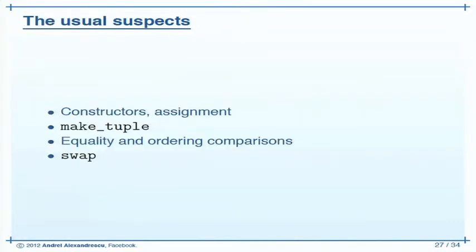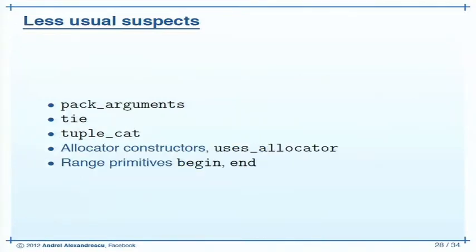So the usual suspects are there. You have a bunch of constructors, you have assignments, you have move constructors, you have move assignments, all of these good things. There's a function make_tuple that uses argument deduction, so you don't need to write tuple of blah, blah, blah. You just say make_tuple and pass the arguments. It infers the types for you. There's comparison, swap, and again, the usual suspects.